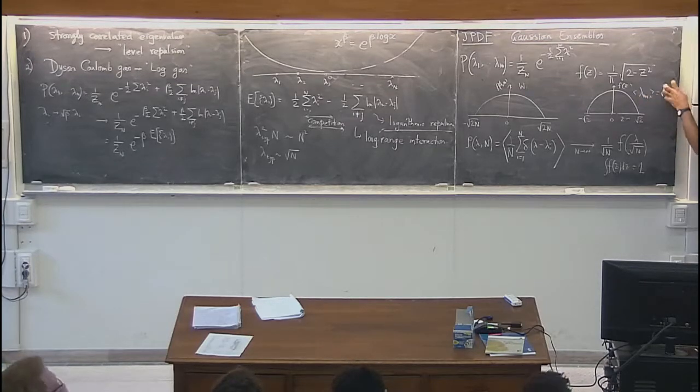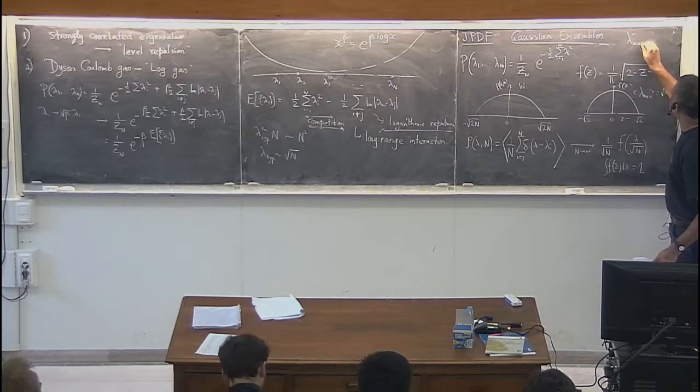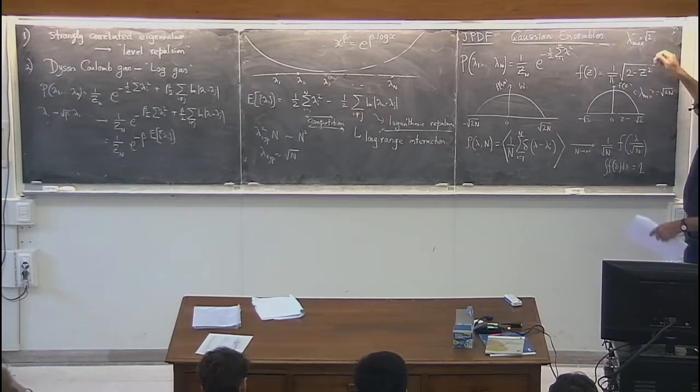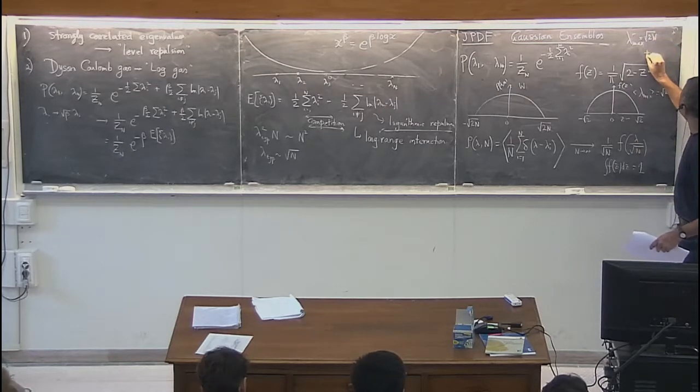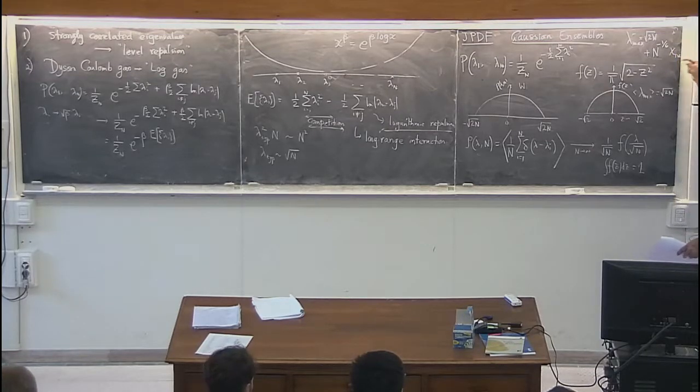So if I write lambda max as a random variable, this will be root 2n, plus a fluctuating part which will be n to the power minus 1/6, and there's a very simple explanation for that, I'll come to that later, times a random variable of order 1, which has the Tracy-Widom distribution. The same holds for the edge statistics on either side, symmetrically. Okay, but this is the sort of picture of this Coulomb gas.